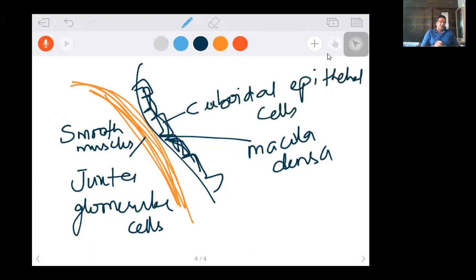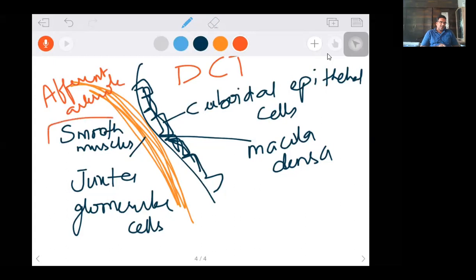Okay, so then let me put a heading here. This is the DCT, distal convoluted tubule, and this is the afferent arteriole. What is the participation from the afferent arteriole? The smooth muscles of the afferent arteriole are called juxtaglomerular cells.